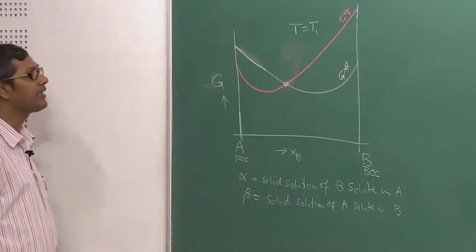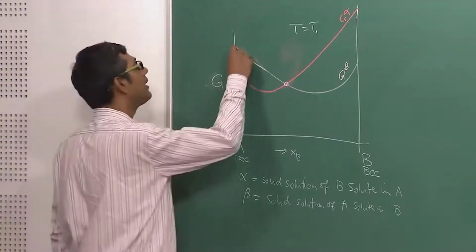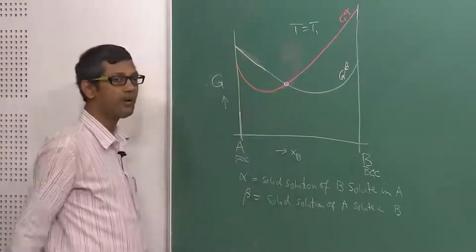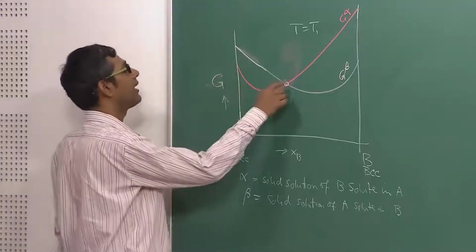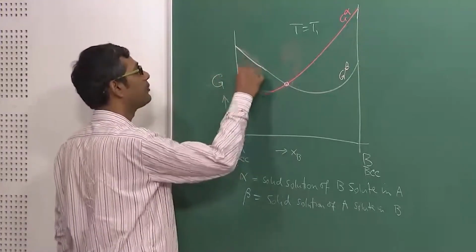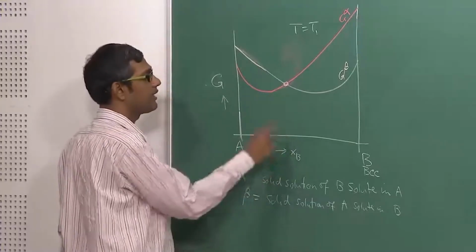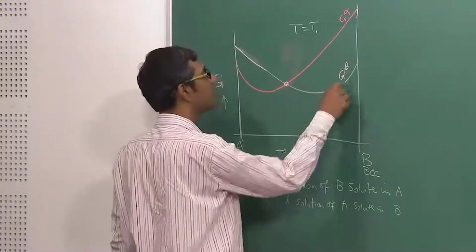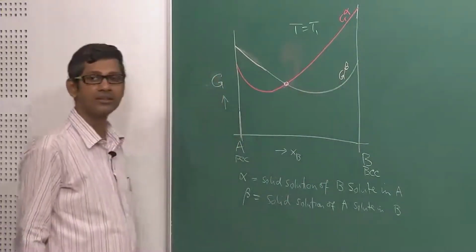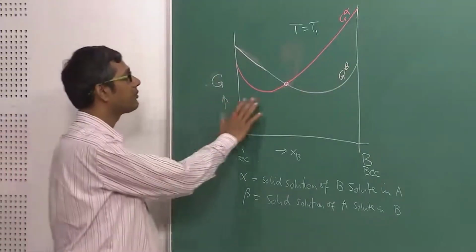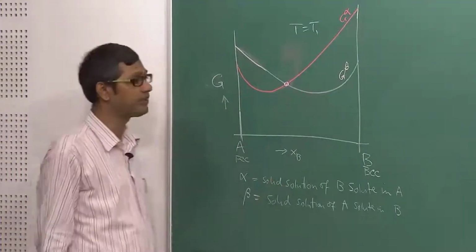Am I clear? Comparing the relative positions of the free energy curves, the alpha phase has a lower free energy than the beta phase from the A-rich end to this crossover. Similarly, from this crossover to the B-rich end, beta has a lower free energy. Because of this, alpha is stable from here to here, and beta is stable from here to here.